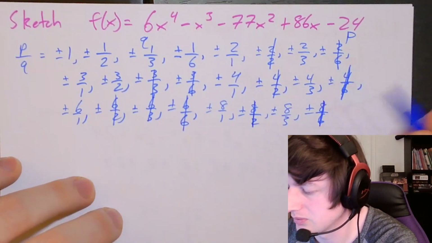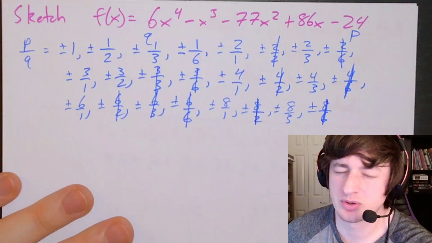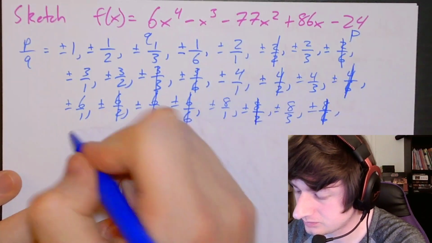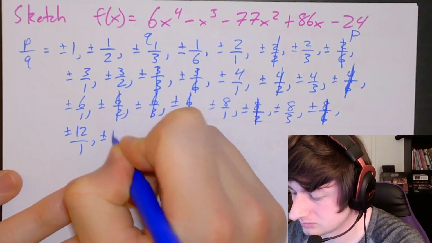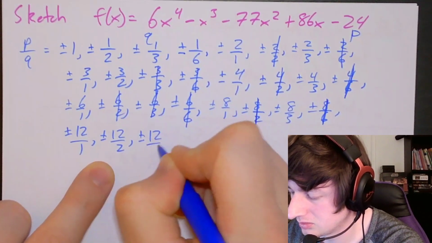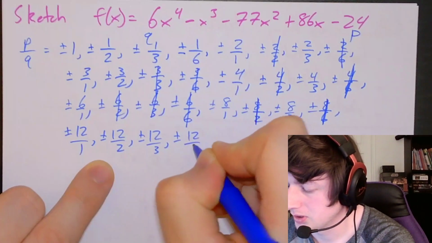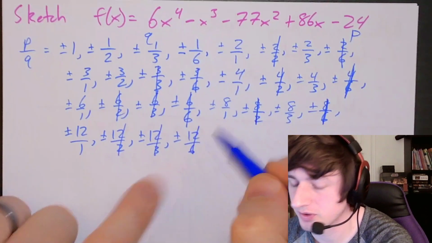We've done that one as well. 24 is going to be divided by 8, 9, 10, 11, 12 is the next one. This is 6, this is 4, and this is 2, which we've already done.